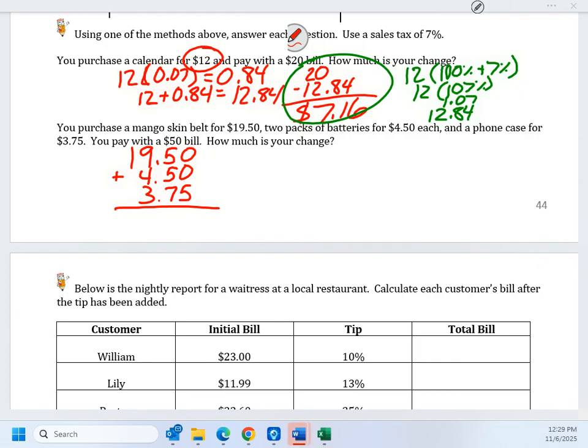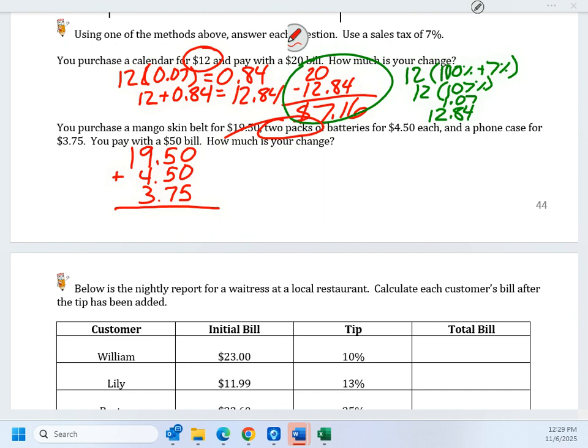Is that all I'm adding up? Victoria? Oh my goodness gracious. We have to be very, very careful. They love to throw in something like that. You bought 2 packs of batteries. How many did you buy? 2. Oh, did you? You only bought 1 pack.